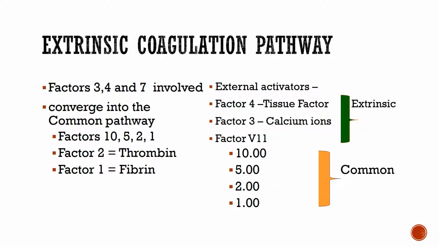These convert factor 7 into factor 7A. Now, factor 7A is a very powerful enzyme that converts factor 10 to factor 10A in the presence of calcium ions. So it's a very short and sweet pathway.